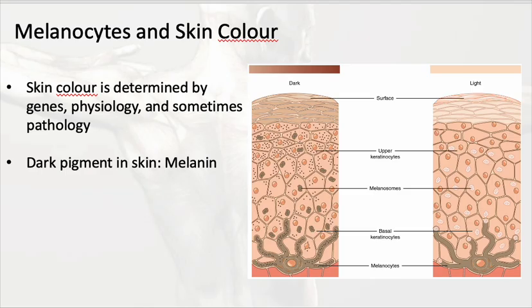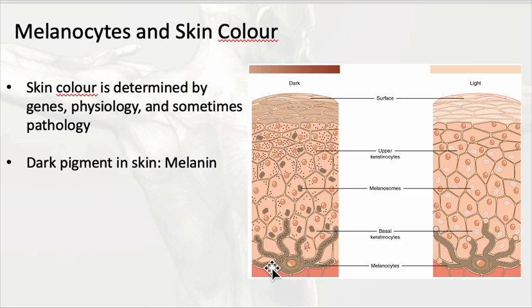So skin color is primarily determined by the amount of melanin in the skin of an individual. Melanin is a pigment that is produced by cells that exist in the skin called melanocytes. So here we see melanocytes present in the skin. And melanocytes contain melanin.